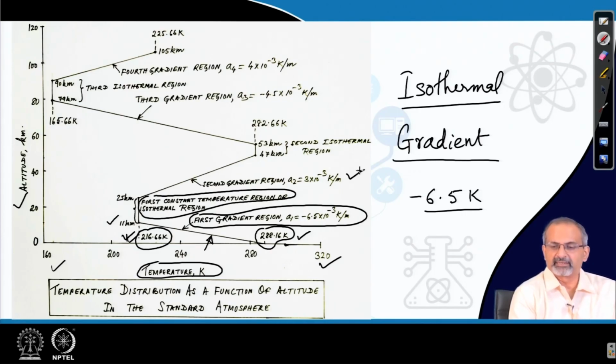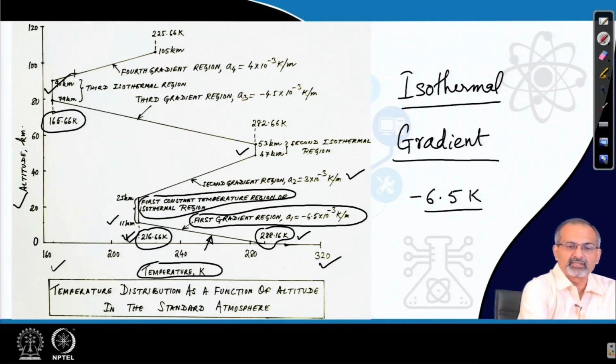Then comes the second gradient region between 25 to 47 kilometers, where the temperature changes to 282.66 Kelvin. It remains constant between 47 to 53 kilometers altitude, then again starts reducing between 53 to 79 kilometers altitude, where it drops to a fairly low temperature of 165.66 Kelvin, remains constant up to 90 kilometers, and again increases between 90 and 105 kilometers.